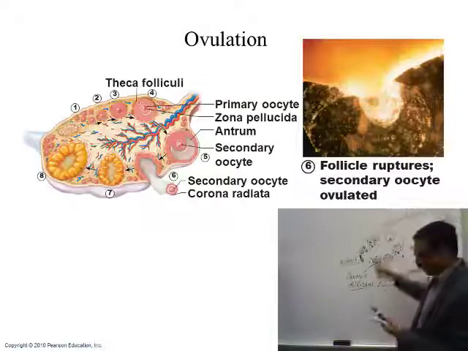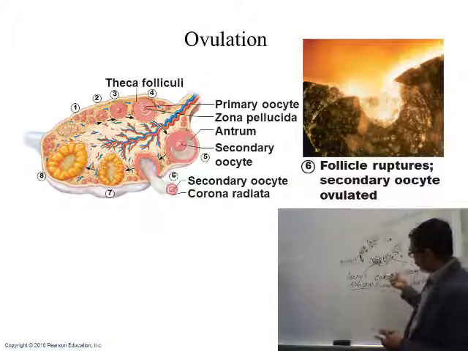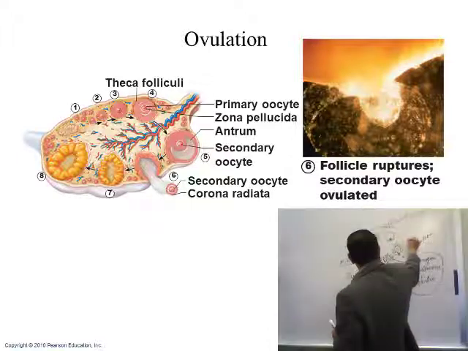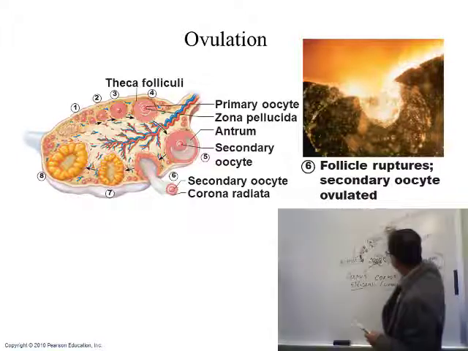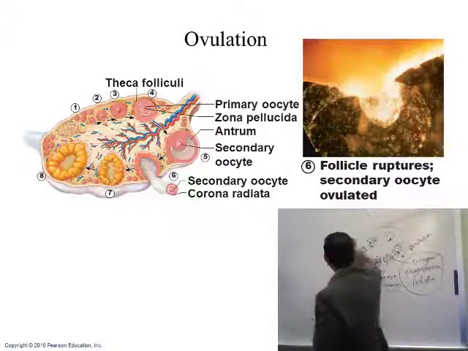So now let's see the entire process of what is happening in the cortex of the ovary, we can divide it into three parts. From here to here, this is called the follicular phase.